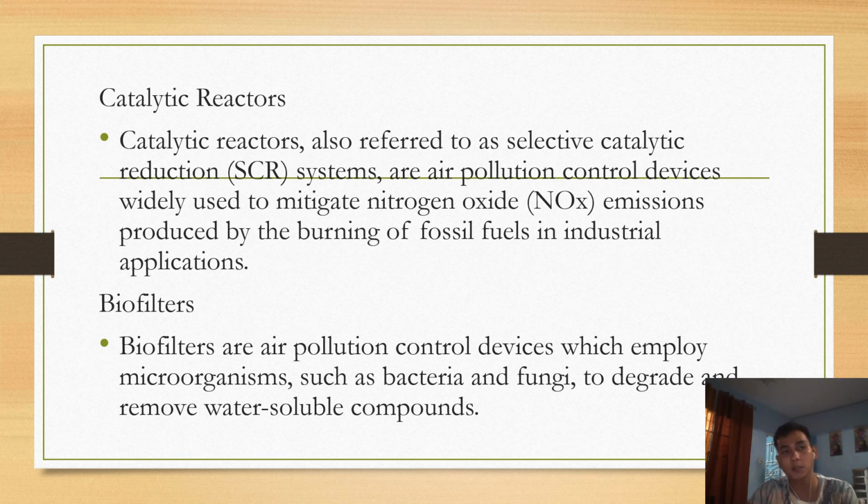Next is biofilters. Biofilters are air pollution control devices which employ microorganisms such as bacteria and fungi to degrade and remove water-soluble compounds. Similarly to incineration devices, biofilters destroy the pollutants to reduce the amount present in industrial emission and exhaust.